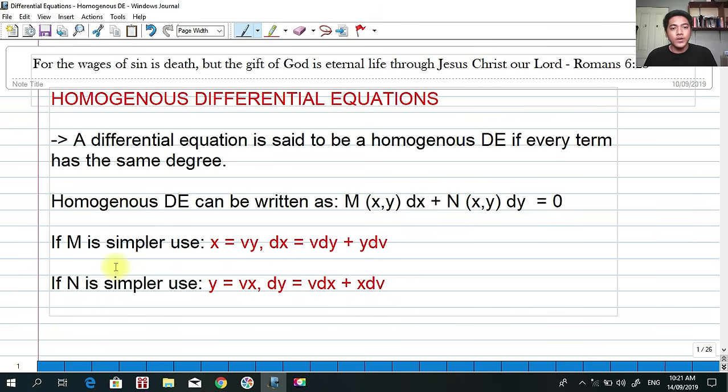If M is simpler, use this substitution. If N is simpler, use this substitution. I advise you to copy those formulas so that you do not get lost in our topic.